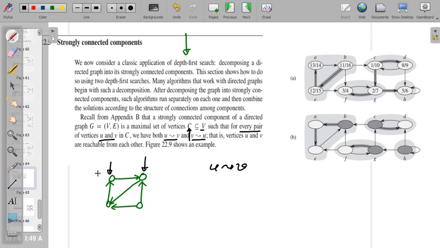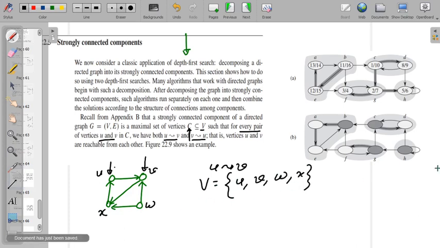So if this is our u, here I am having how many such vertices? u, v, w, x. So we are having V equal to u, v, w, x. So these are the 4 vertices I am having, and C is a subset of these vertices.